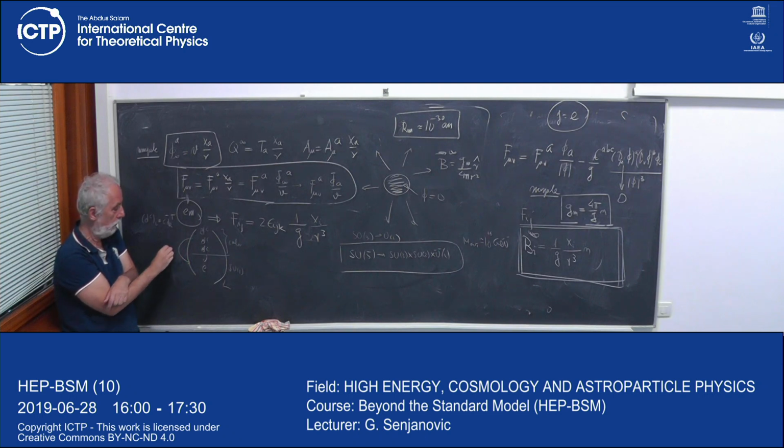There are new gauge bosons called X. Actually, there are 2 types of gauge bosons, you can see them immediately, you don't have to do any calculation.